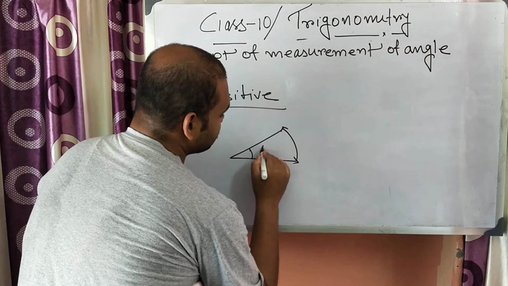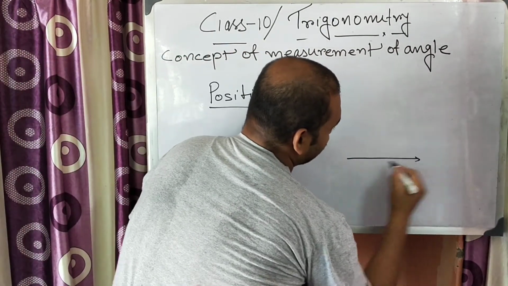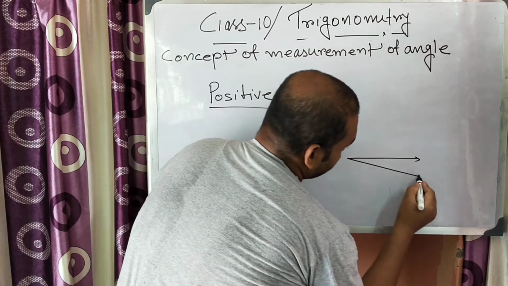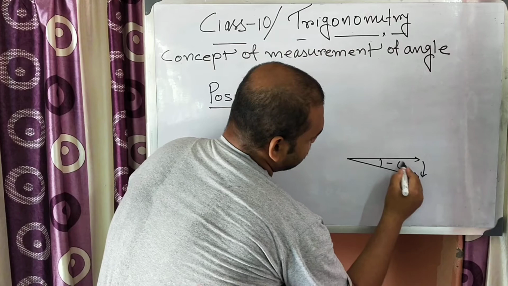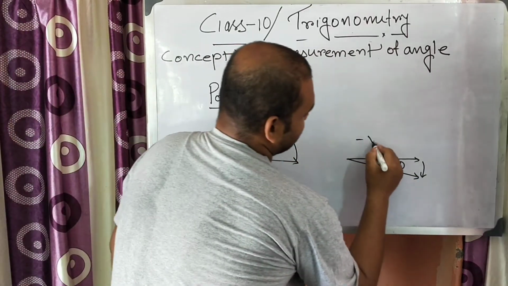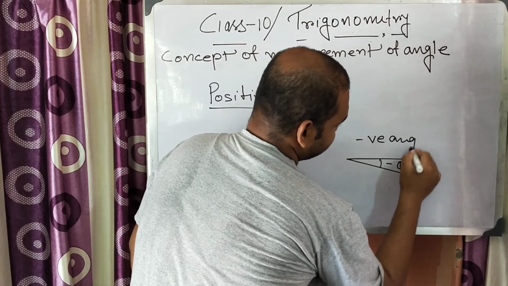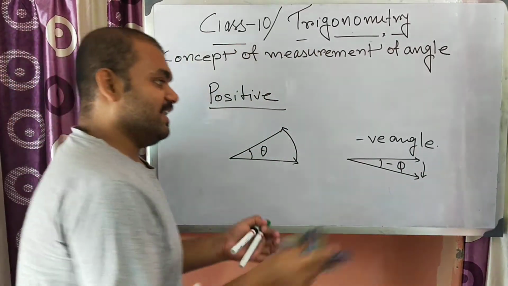Then it is known as a positive angle. And when a ray rotates clockwise, the angle so formed is known as a negative angle. So this is about positive angle and negative angle.